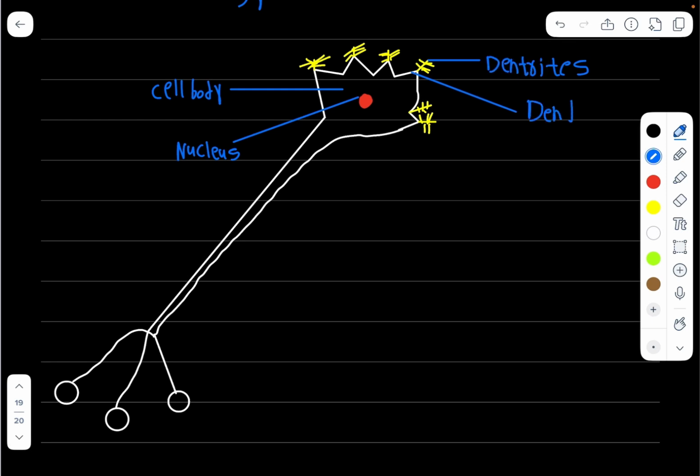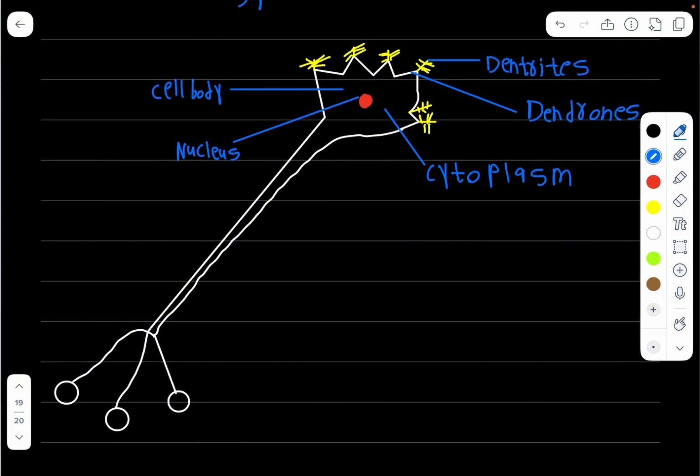So remember, below the dendrites we have dendrons. Now, as always, this is the cytoplasm.